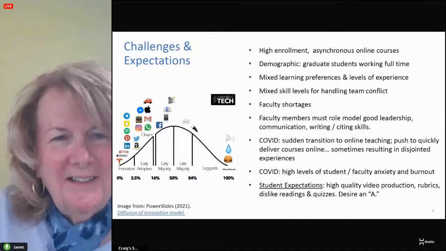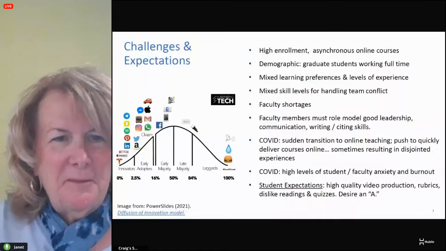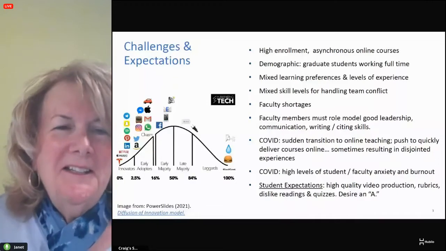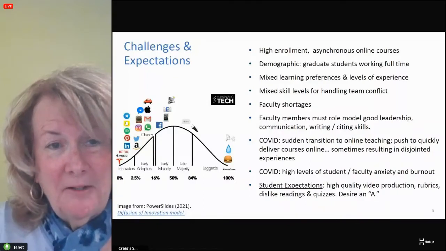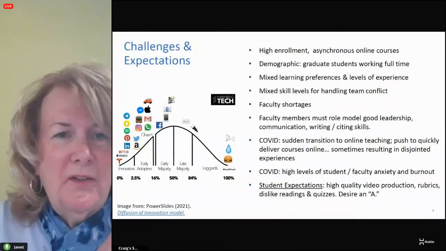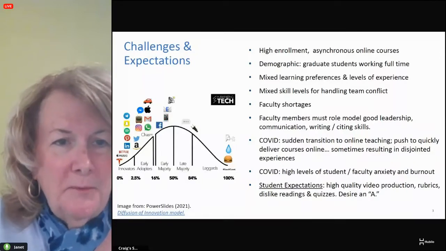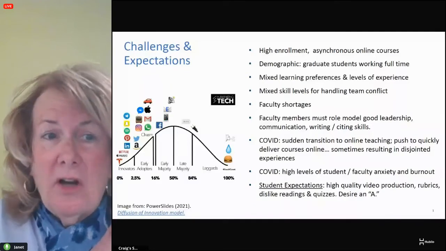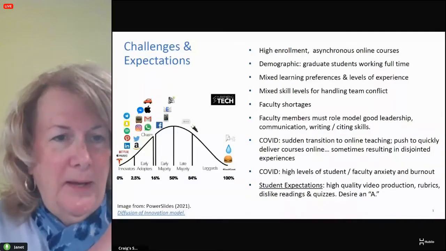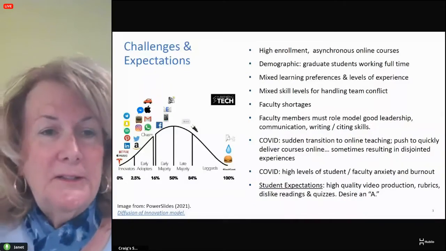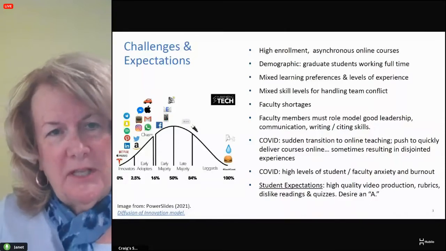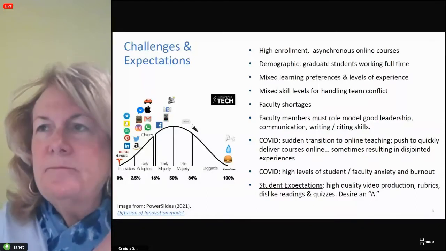So you saw the lady on the previous slide who looked like she was about to pull her hair out. Sometimes that's how we can feel when we are faced with designing an online course. Particularly this last couple of years in light of COVID, some of the faculty members I work with had never taught online, and I can't imagine the panic they felt trying to adapt to everything almost overnight.